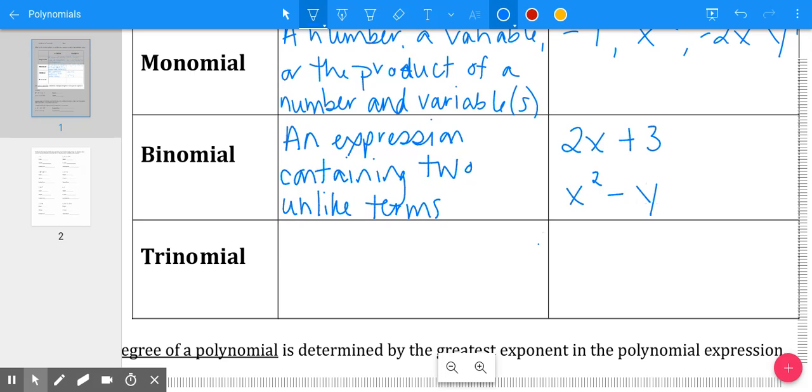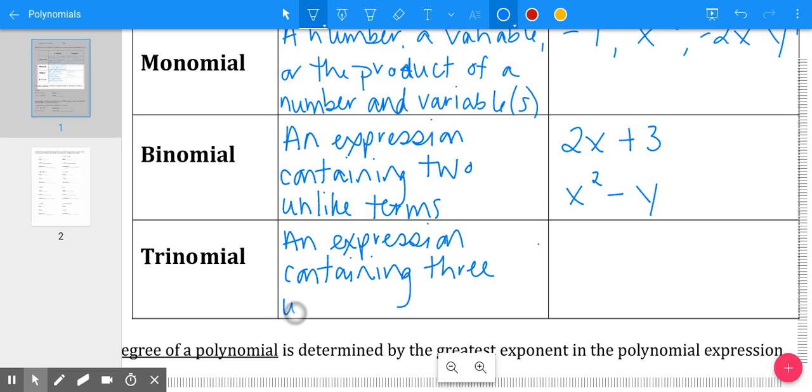And then a trinomial is just an expression containing 3 unlike terms. So one of our examples of a polynomial from above is actually a trinomial by classification. Giving you a couple more examples, we might have x squared minus 3x plus 6.